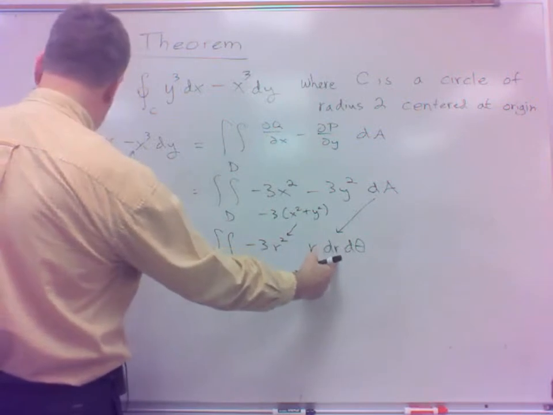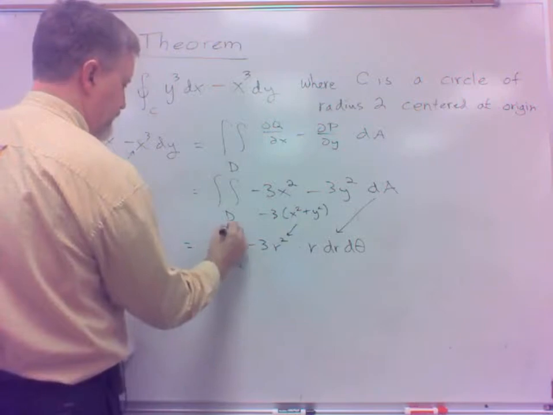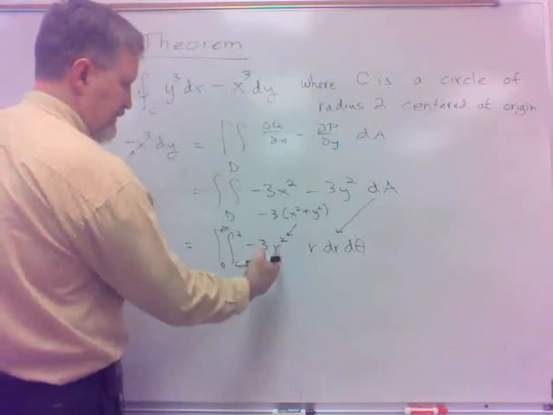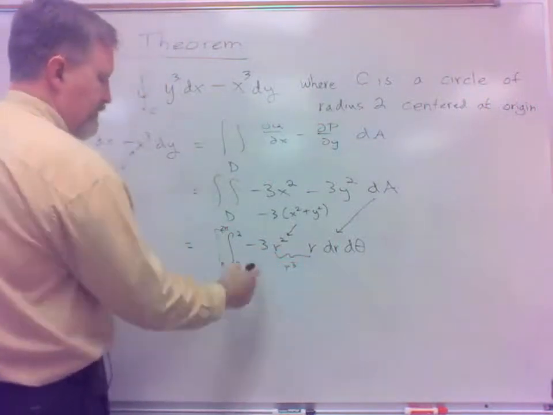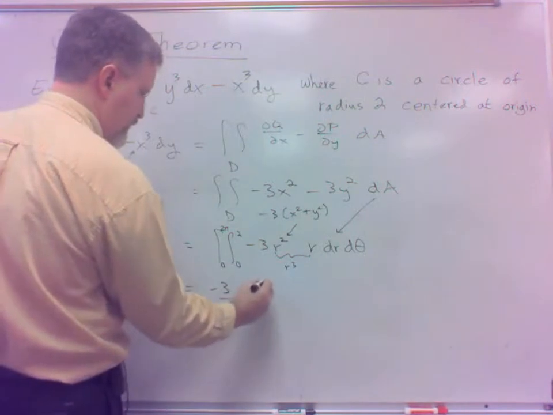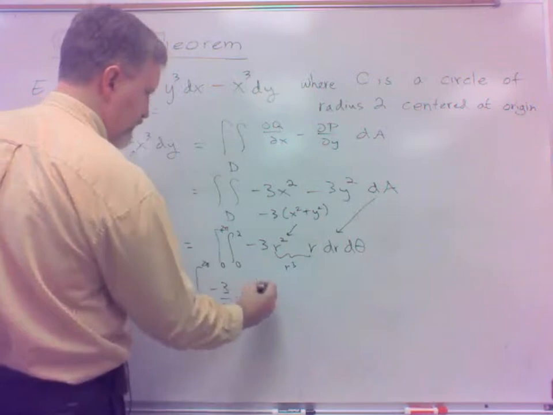So we do r, so that would be 0 to 2, theta 0 to 2 pi. So that gives us r cubed, so we have negative 3 fourths r to the 4th, zero to 2.